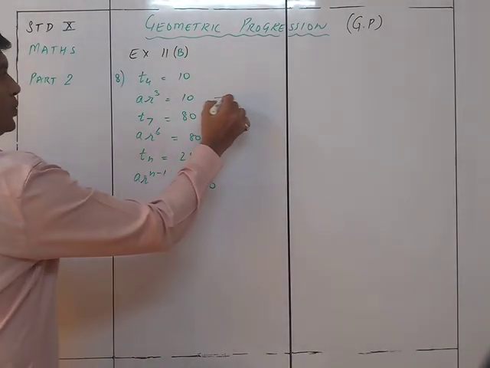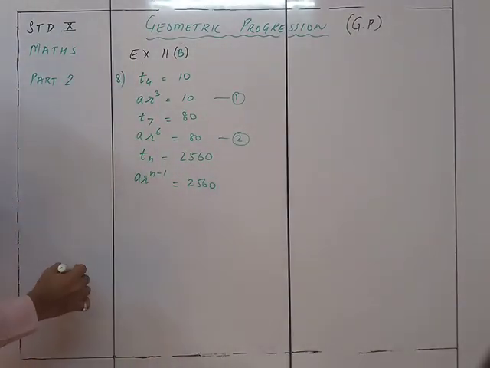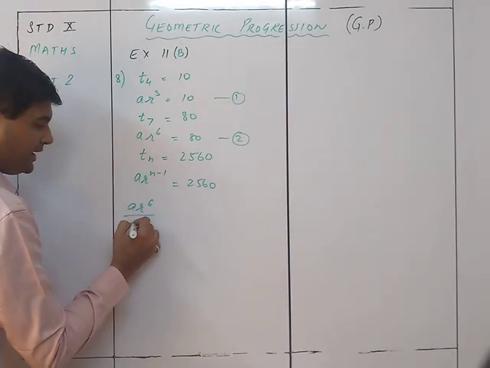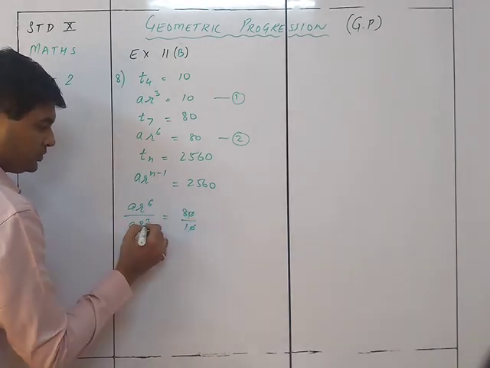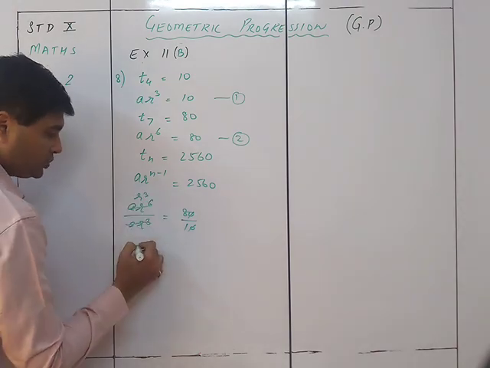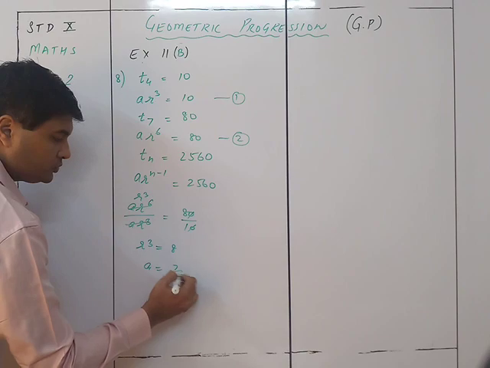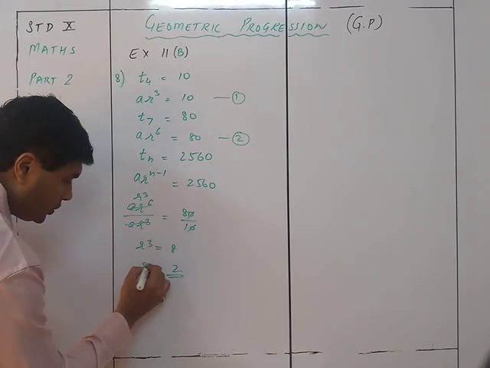Now with this one and this one, you are going to find out the A and the R. So we are going to do the same thing again. AR raised to 6 upon AR raised to 3 is equal to 80 upon 10. So that gives you R cube. So R cube is equal to 8, 2 to the 4, 4 to the 8. Okay, so sorry, R is equal to 2.